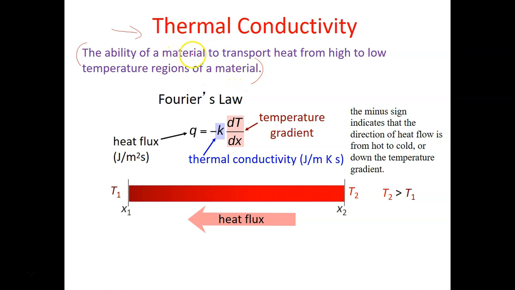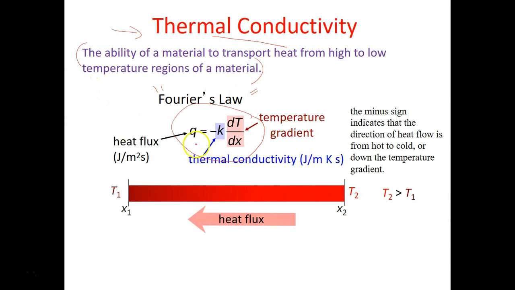The property that characterizes this thermal conduction is what we call thermal conductivity. It can be defined in terms of this expression, Q equals negative K dT over dx, also known as Fourier's law.